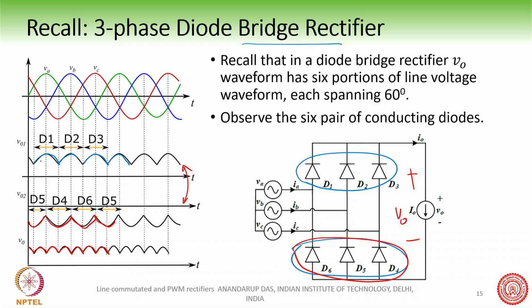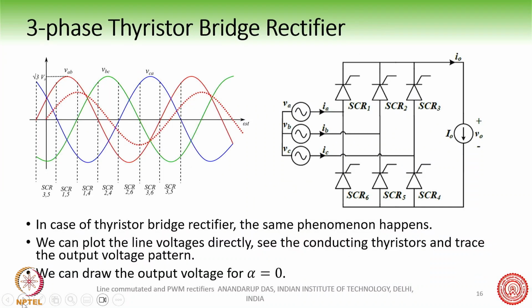Suppose here 1 and 5 is conducting, here 1 and 4 is conducting, 2 and 4, 2 and 6, like this. So the pairs of diodes conduct and naturally commutate from one to another. A similar thing will happen in the case of the thyristor bridge rectifier.